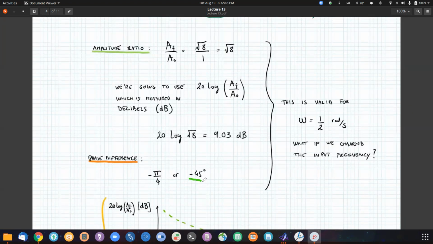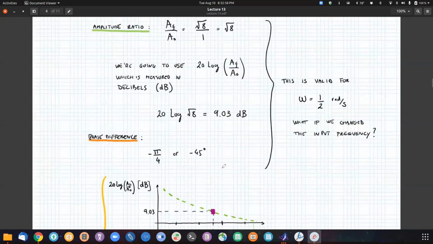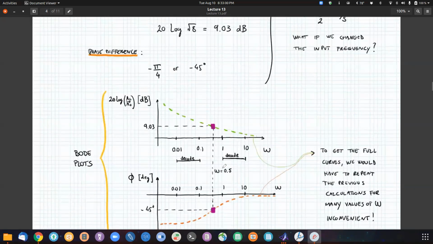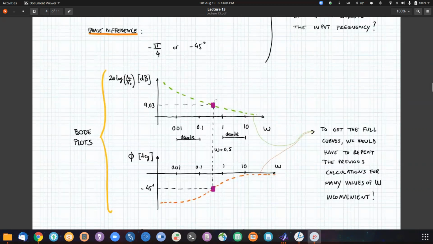In this case, we have a phase difference of minus 45 degrees. And remember that this is valid for an input frequency of 1/2 radians per second. So in fact, what we can do is plot 2 points here corresponding to omega equals 0.5.